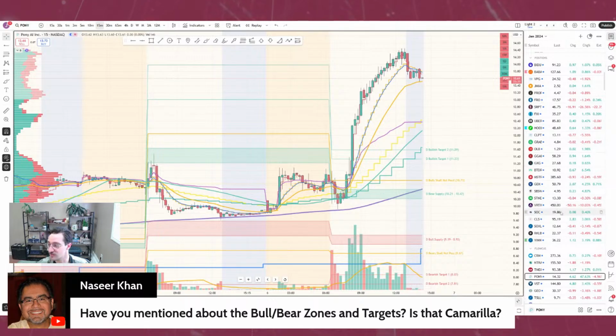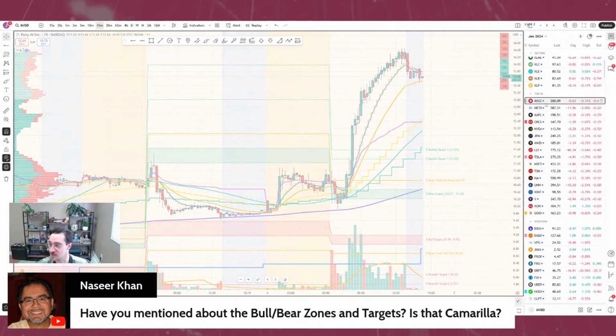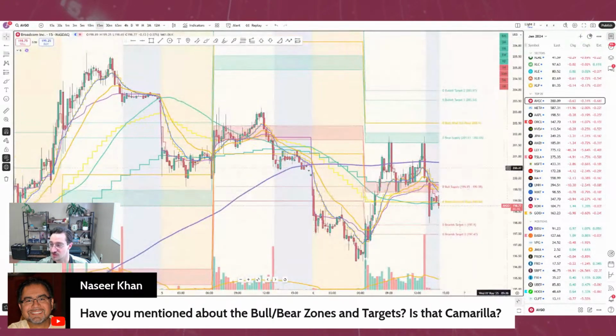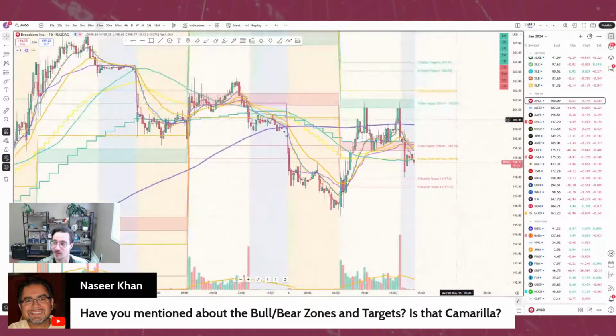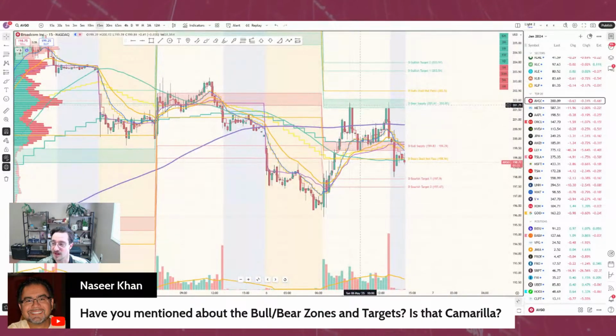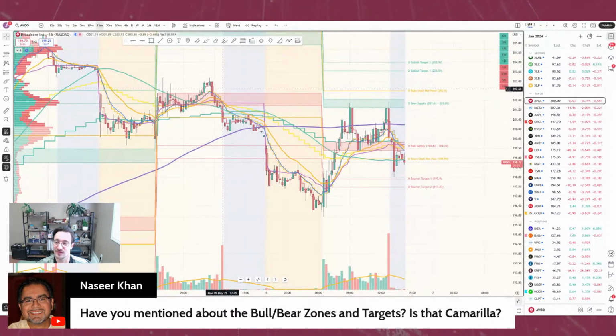So let's see. What might be a good example? Let's just look at some stocks here and see what we see. Okay, yeah, so here's a good example. The bear supply zone is kind of what I was talking about. This is the area where optimally, if you want to go short and you see this pop, this is the area where you would want to step in.